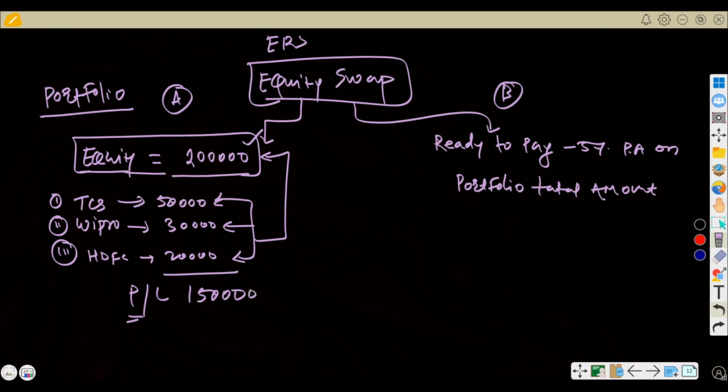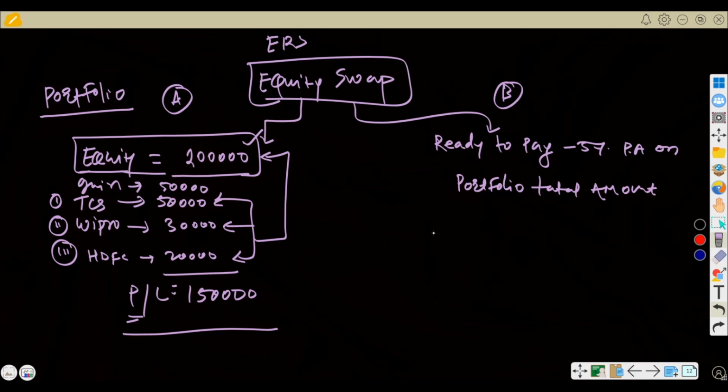How? There is a capital gain with TCS of 50,000. Just an assumption, okay? So the total profit and loss of A's portfolio would be 1,50,000, right? Then think from B's perspective.